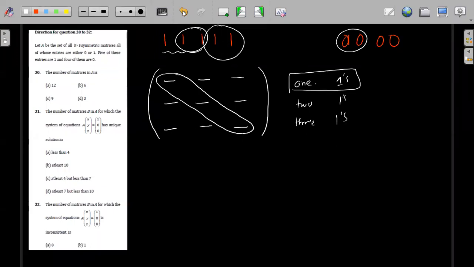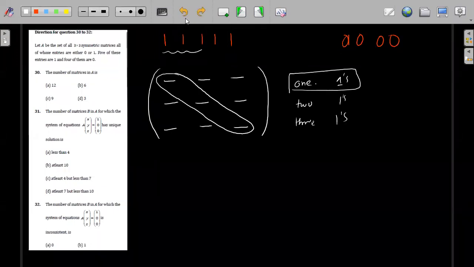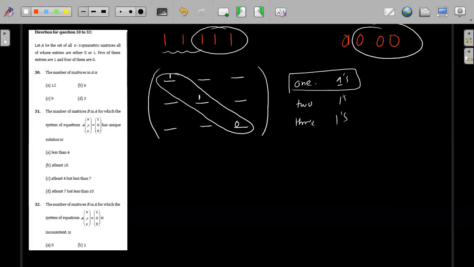So first I will discuss the second case, case 2. Suppose I am filling 2 ones in the diagonal. So suppose I have filled 1 here, 1 here, and here I have filled 0. Now see, how many ones are left? 3 ones are left and 3 zeros are left, right?